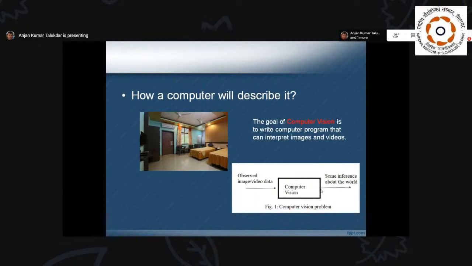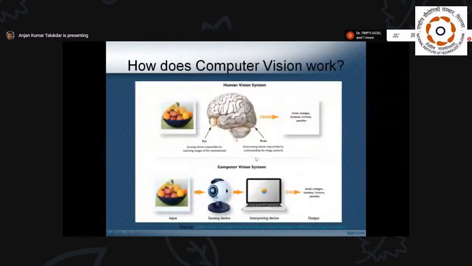So this is basically the computer vision problem. So now, how does computer vision work? Actually, this above figure shows how a human vision system works. So suppose this is one picture.